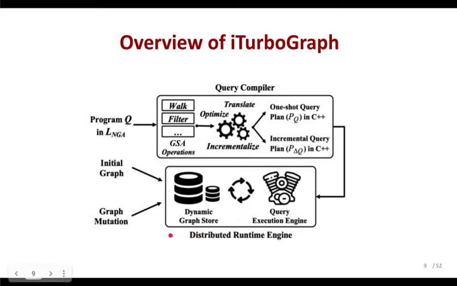The distributed runtime engine processes one-shot query over the initial graph, or incremental query over the mutated graphs. The dynamic graph store maintains on disks the initial graph and graph mutations.